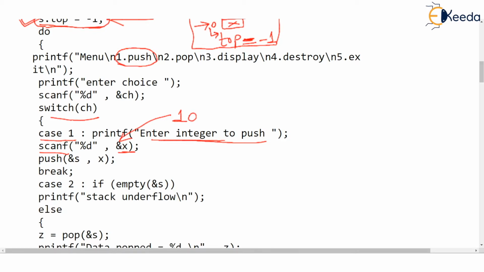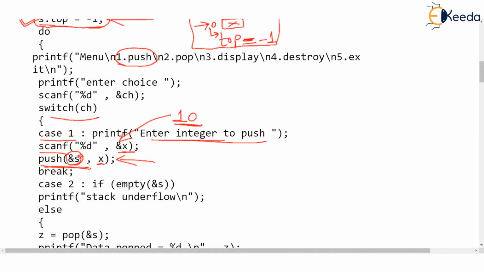Our plan is to push this value 10 in the stack, and here goes the call. This is the call to push. So main is invoking the push function, but notice it has sent the address of that big box. The address of s has been passed and the value of x, which is 10, has been passed.